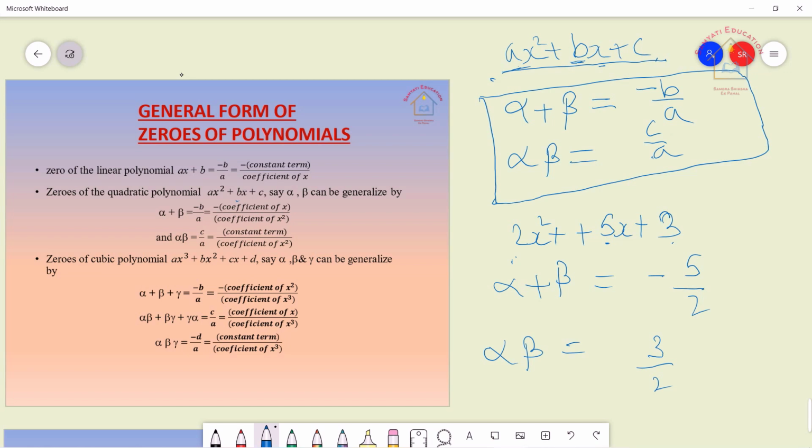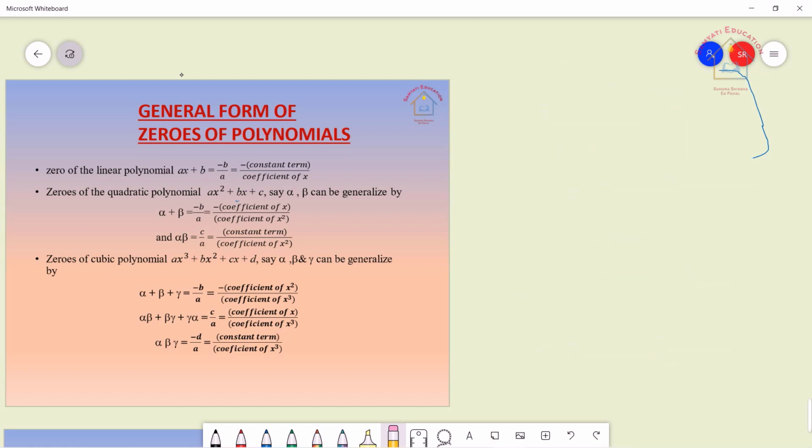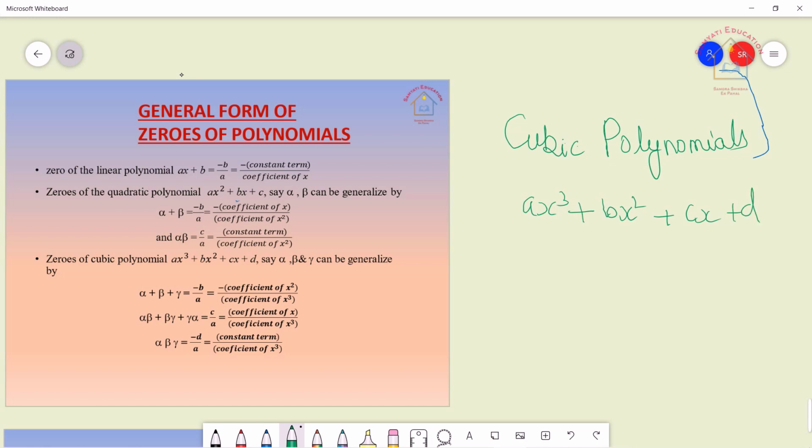Now, if we talk about cubic polynomials, whose general form will be ax cube plus bx square plus cx plus d.